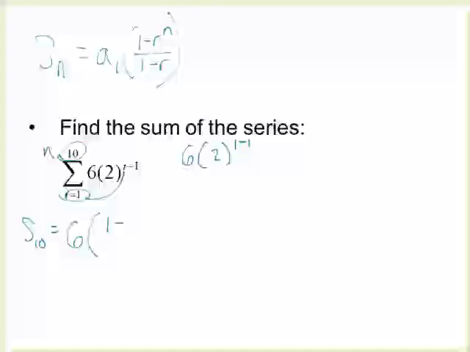How do I know what r is? What does r mean? It's the rate or the ratio. It's what we're multiplying by each time. So which part of this formula gives us our rate or ratio? The 2. It's what's taking on the exponent, because that 2 is what's being multiplied by each time.